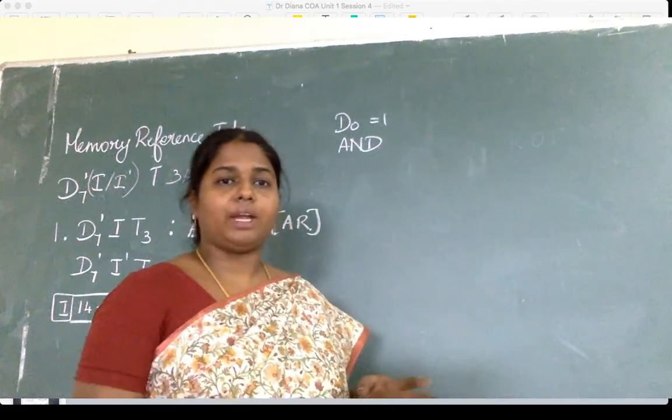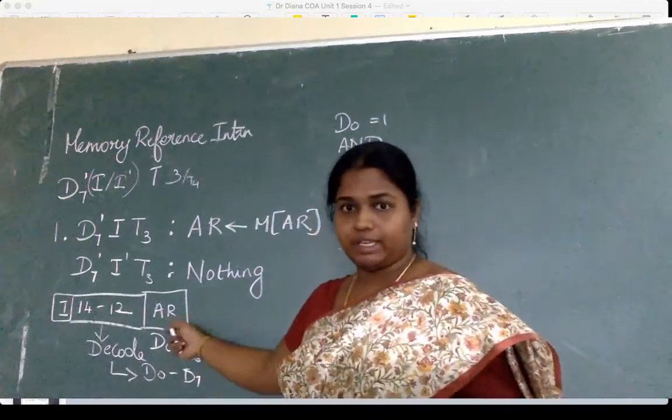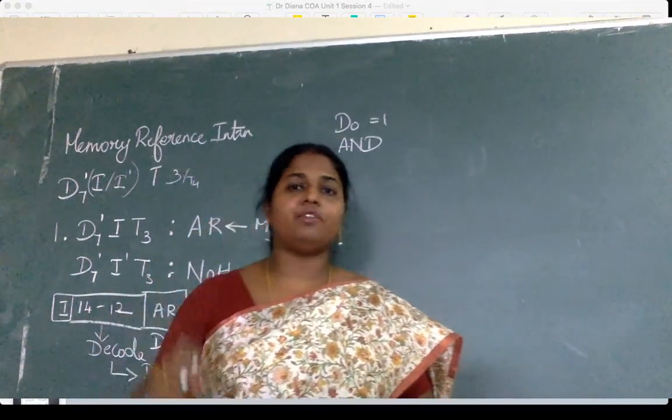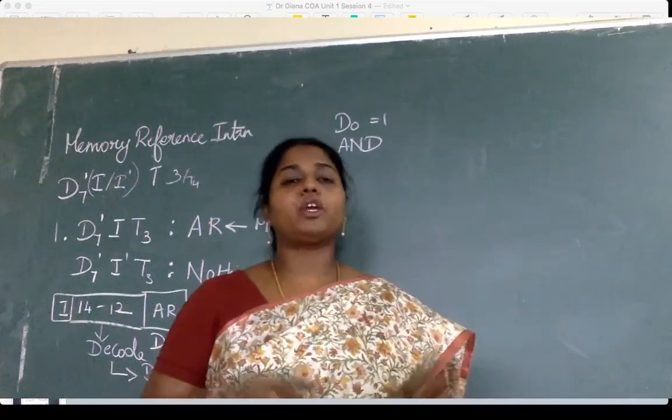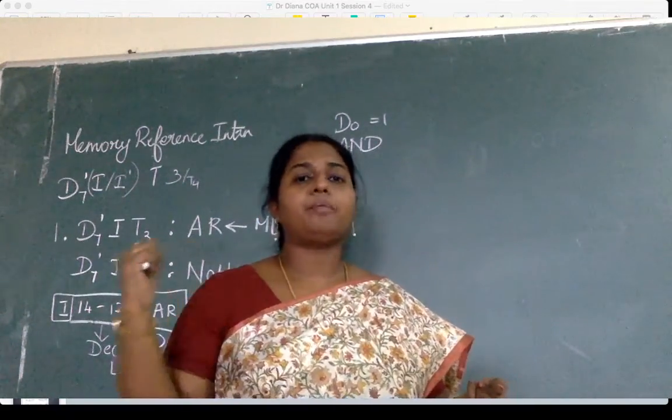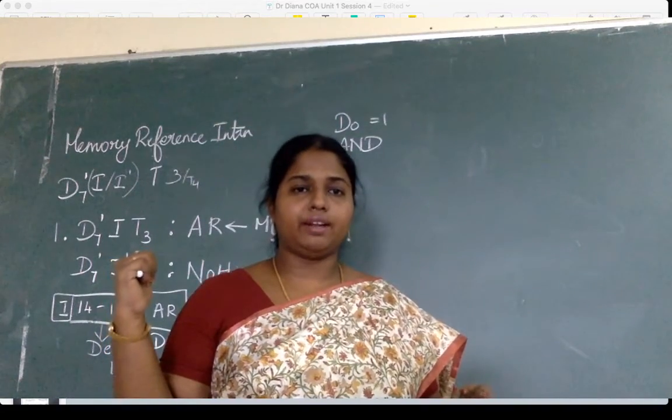One of the data values is given in the instruction itself in the address register, and the other data value by default is the accumulator. So I am going to perform an AND operation between accumulator content and some data which is held in the memory.